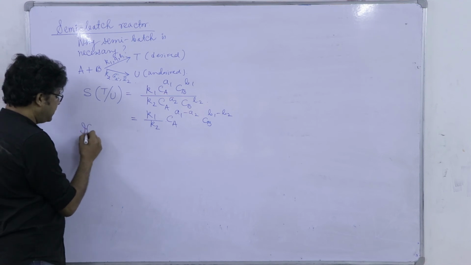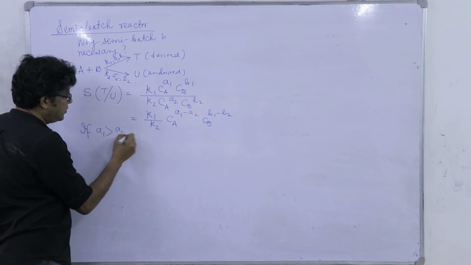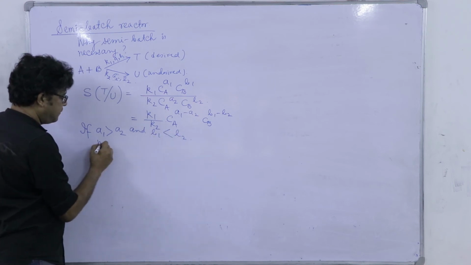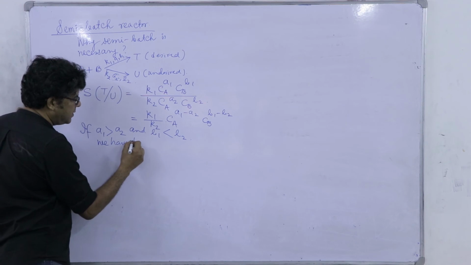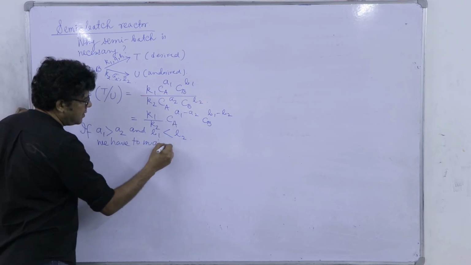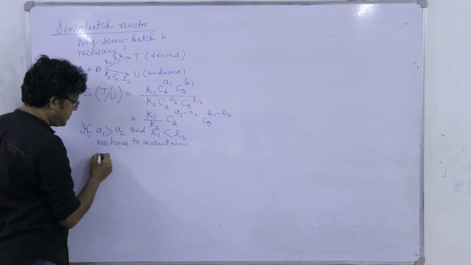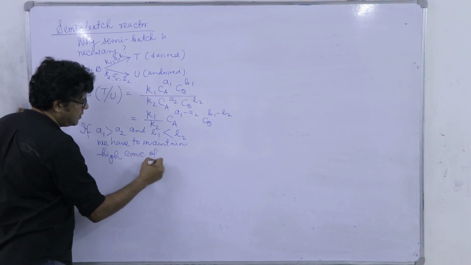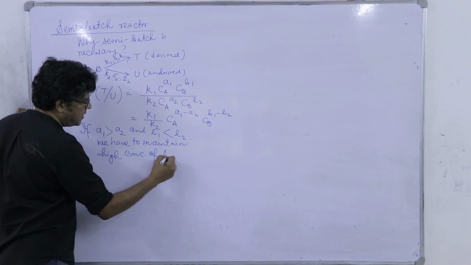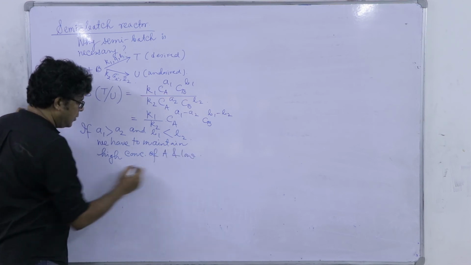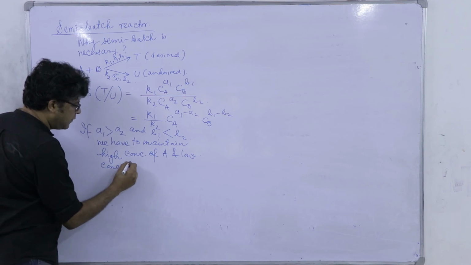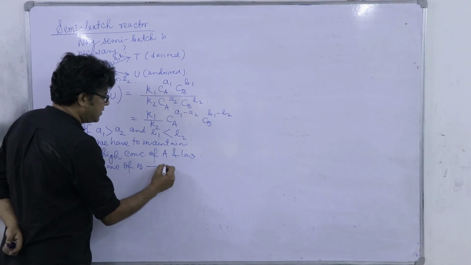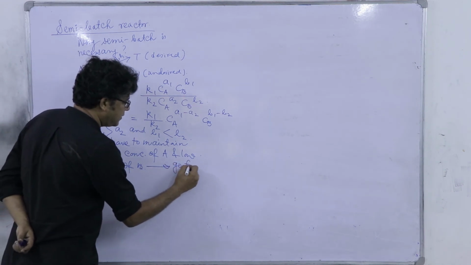So, if you see A1 is greater than A2 and B1 is less than B2, we have to maintain high concentration of A and low concentration of B. So, the obvious remedy is to go for semi-batch mode.